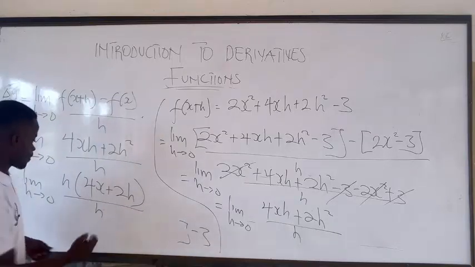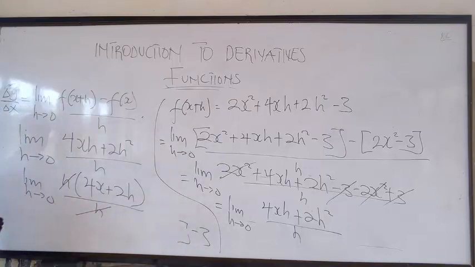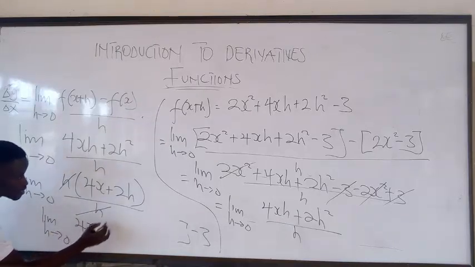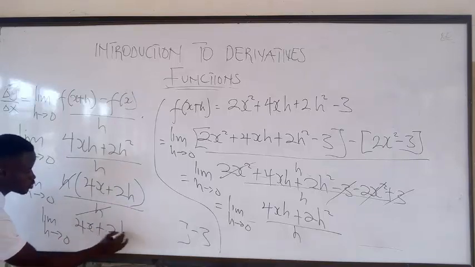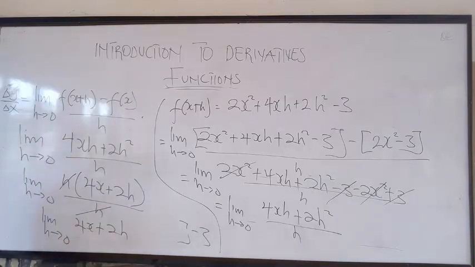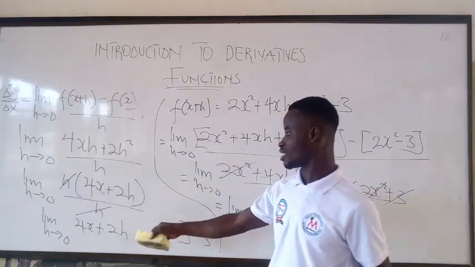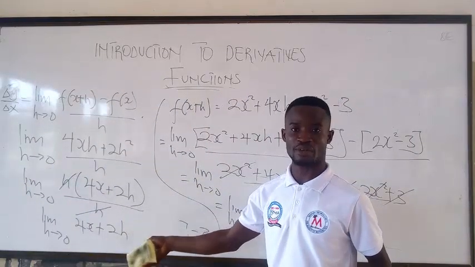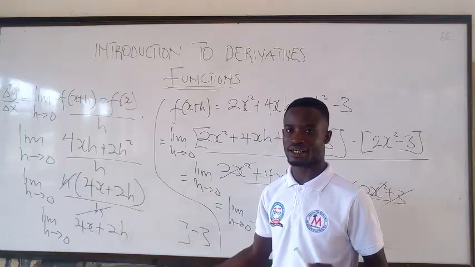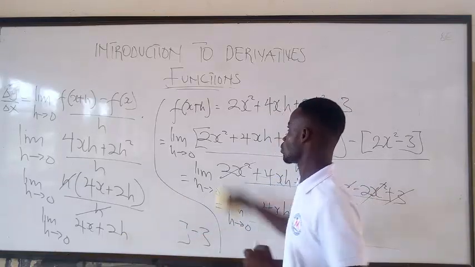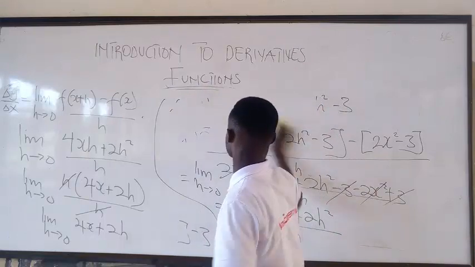So you can see this will take away this. So finally we get the limit as h approaching 0 of 4x plus 2h. So now this means that wherever you see the h, you can put 0 there, because with this you cannot get something like 0 over 0. No, you can't get something like that.